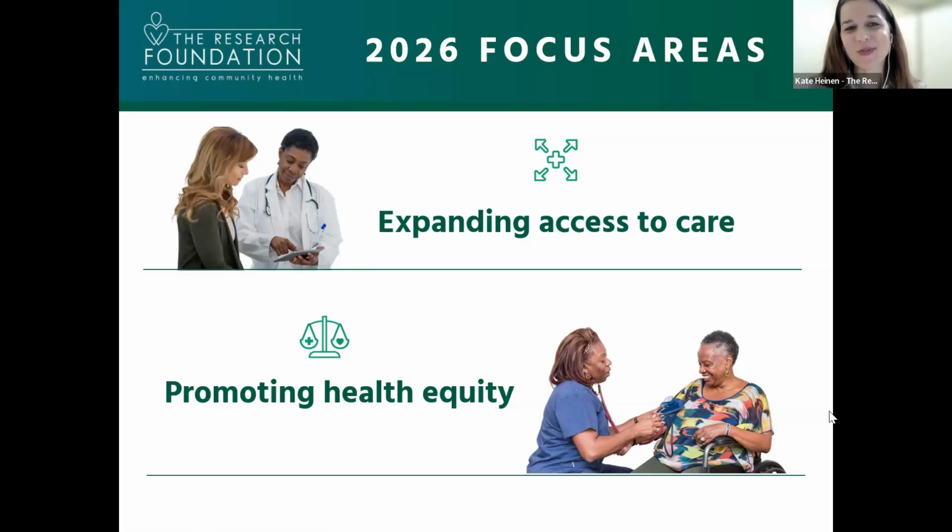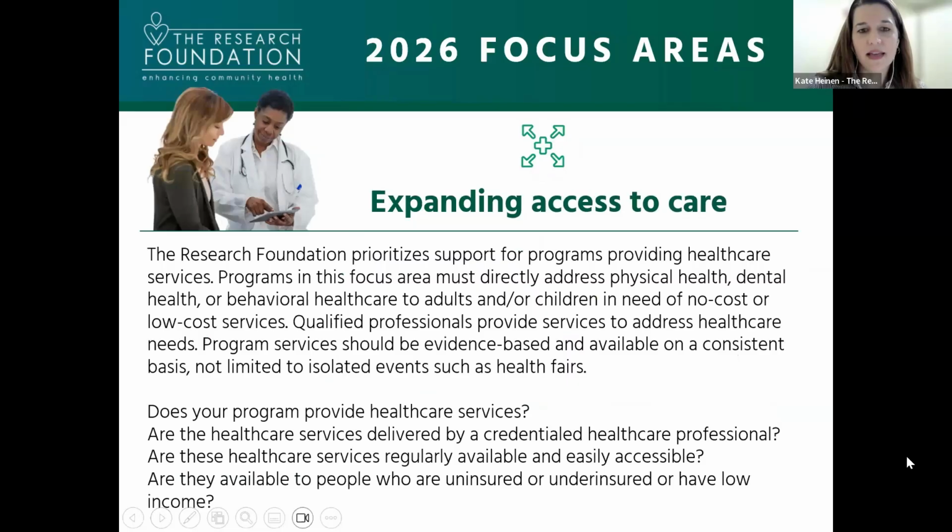So you'll want to see which one your program most fits with as it's defined. Your program might fit both focus areas, but you only need to choose one. And then of the two focus areas, we do have a preference for programs that are expanding access to healthcare. And so there are some definitions that we'll go over on the next slide.